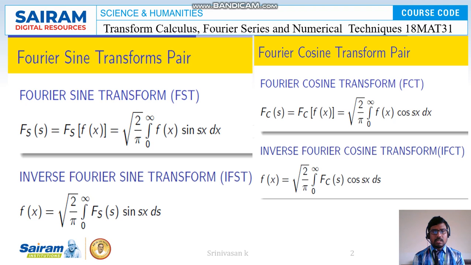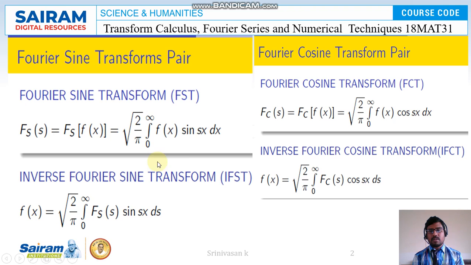And next one, the inverse Fourier sine transform: f(x) equals root 2 by pi, integral 0 to infinity, F_s(s) sin(sx) ds. This formula is called the inverse Fourier sine transform. And these two formulas we can say are the sine transform pair.